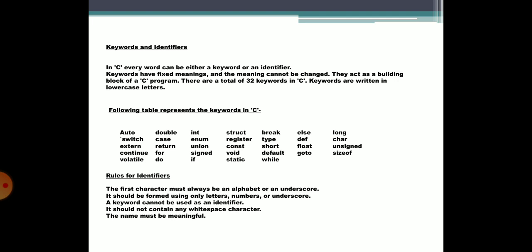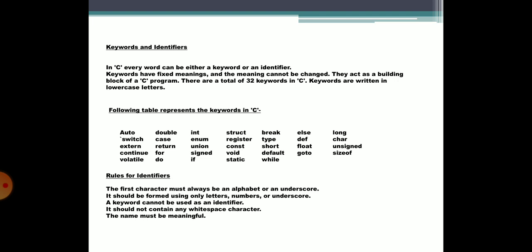So these are user defined names, consisting of a sequence of letters and digits. It can be a sequence of letters or digits, but the first character should always be a letter.